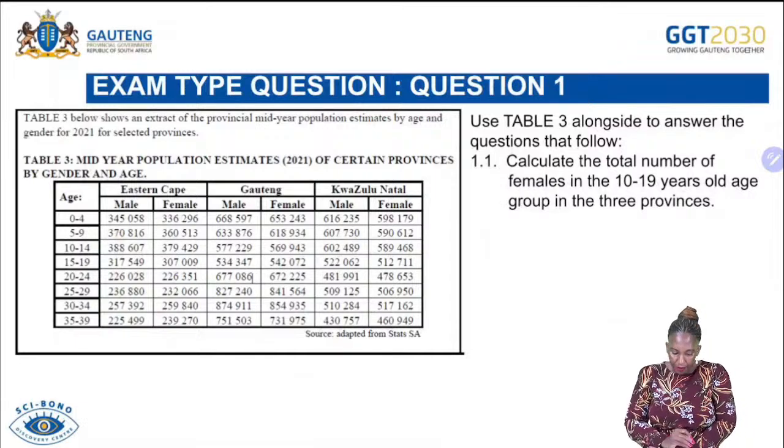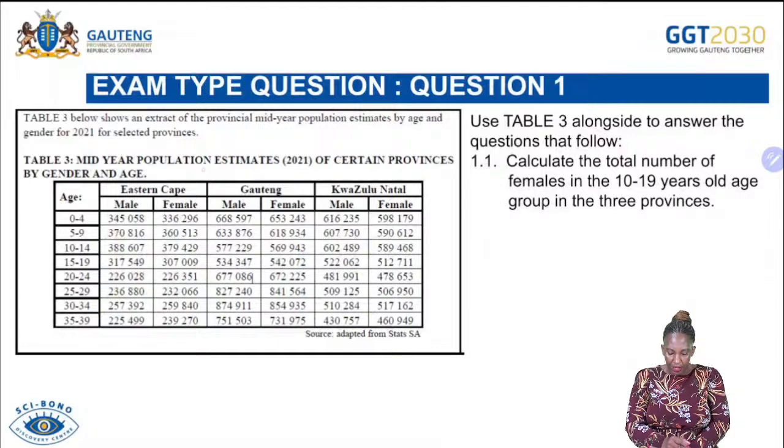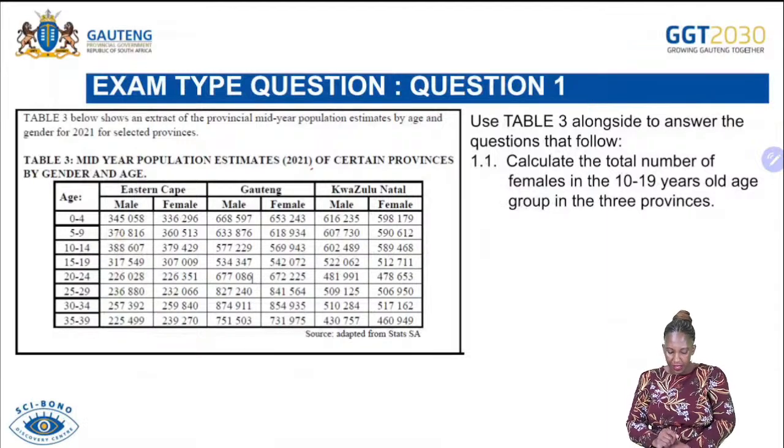It says table 3 below shows an extract from provincial mid-year population estimates by age and gender for 2021 for selected provinces. Now use table 3 alongside to answer the questions that follow. Calculate the total number of females in the 10 to 19 years old age group in the 3 provinces.